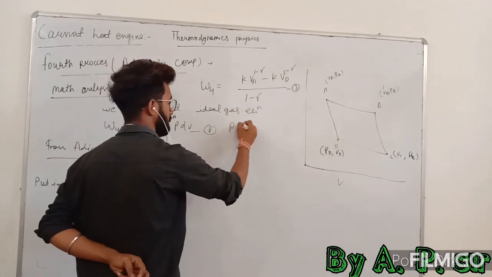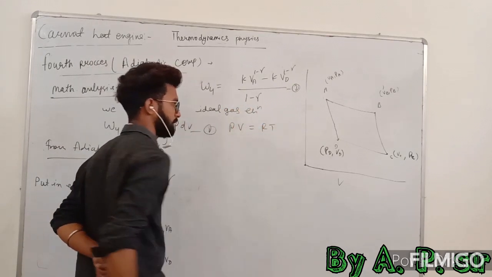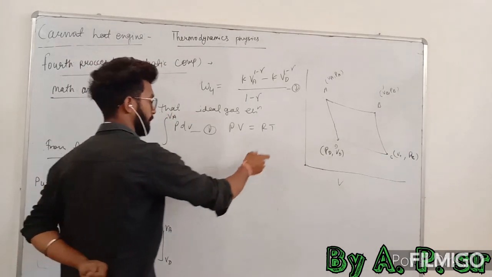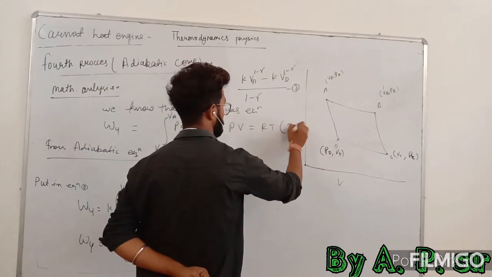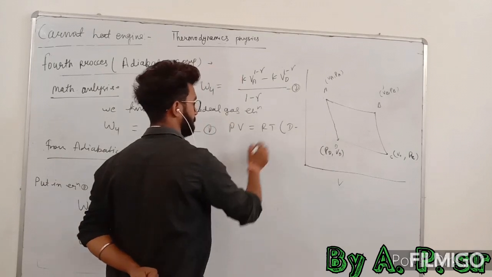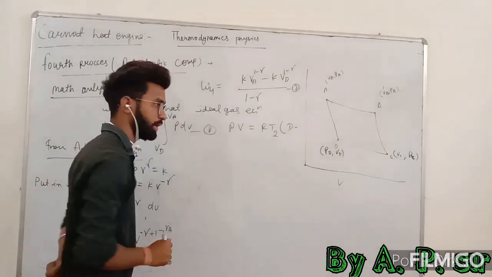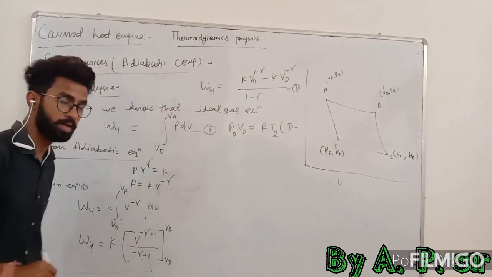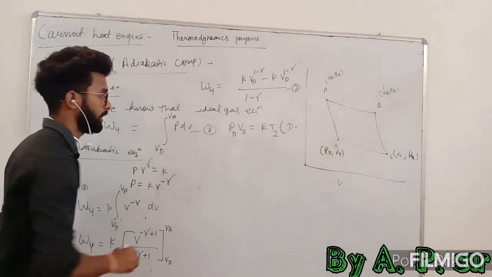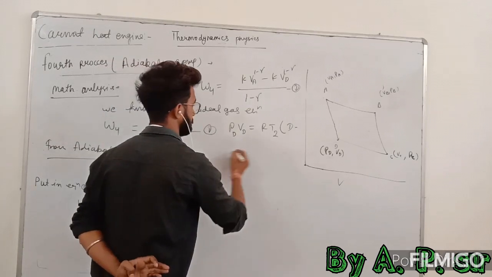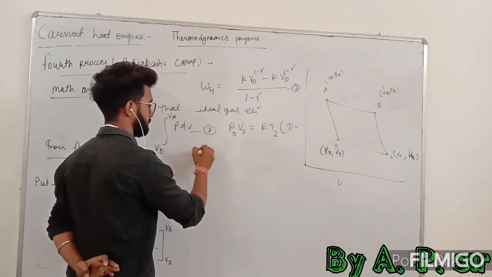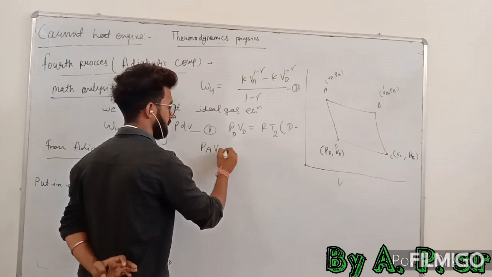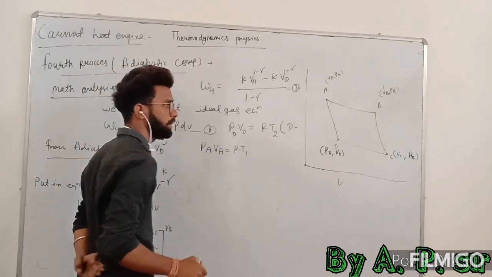Then from the ideal gas equation, PV equals RT. For point D, the temperature is T2, so PD VD equals RT2, and at point A, PA VA equals RT1.